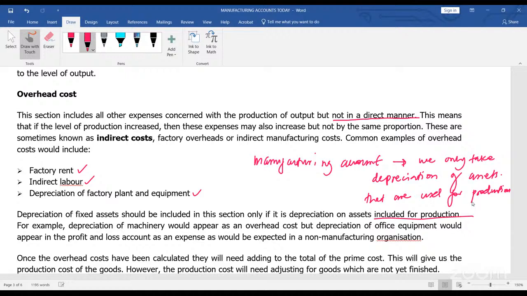That are used for production. So if we have an asset and we are using it for office work, we cannot take its depreciation in the manufacturing account. No. So you always have to check and see this depreciation.